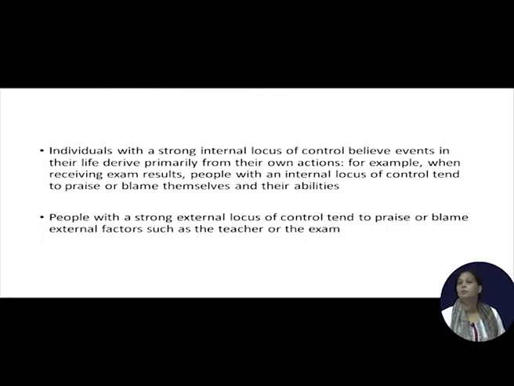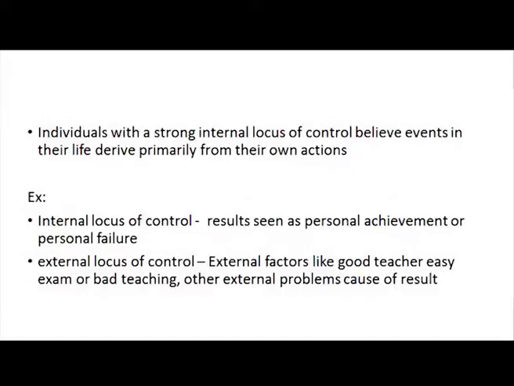Individuals with an internal locus of control are more corrective in their measures. They have a habit of personalizing things. We will talk about personalizing again. They blame or ascribe whatever is happening in their lives to themselves. So, they believe that events in their life are derived primarily from their own actions.